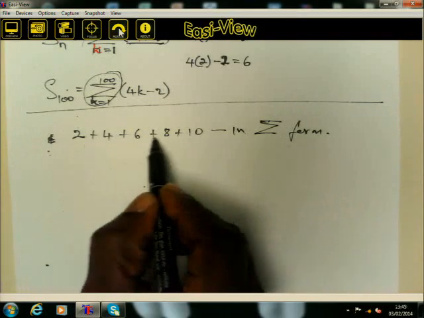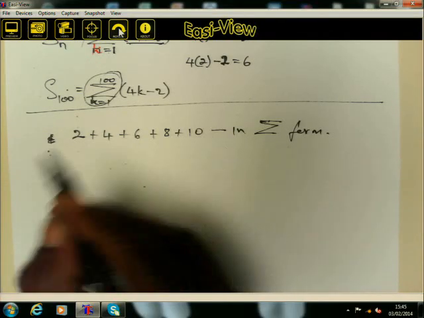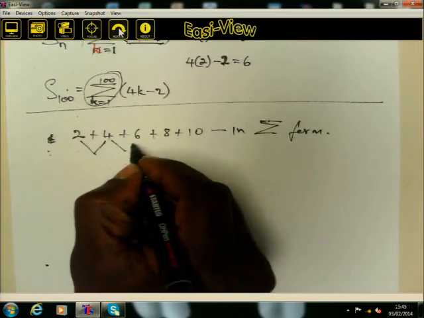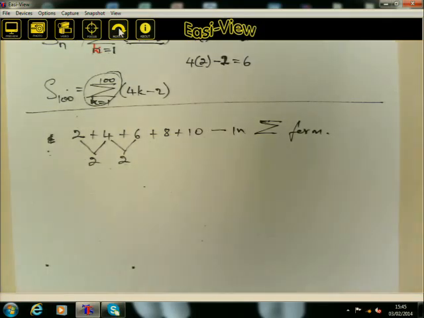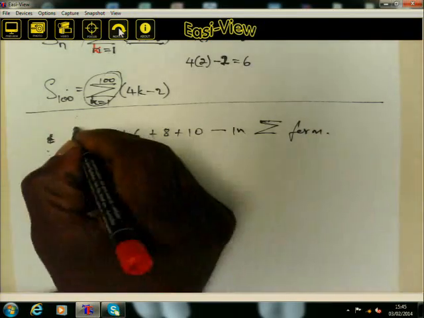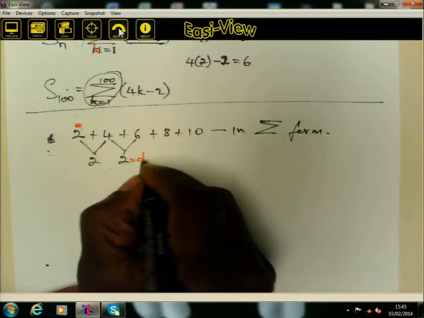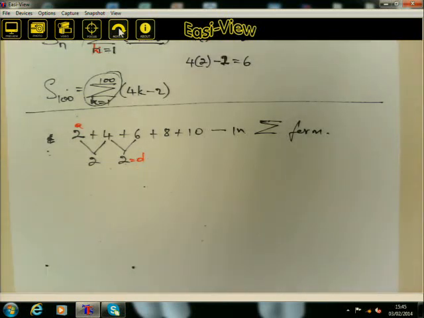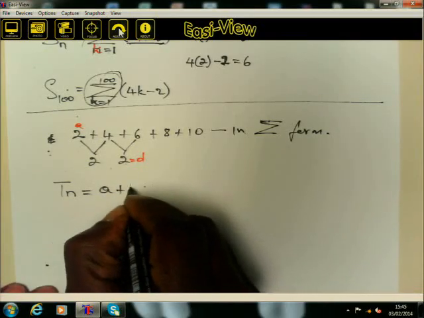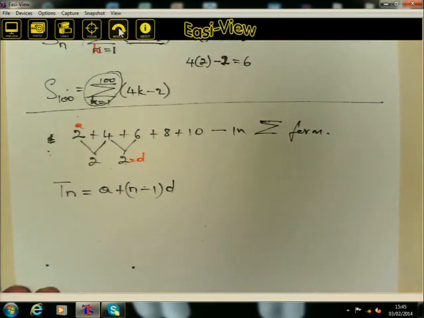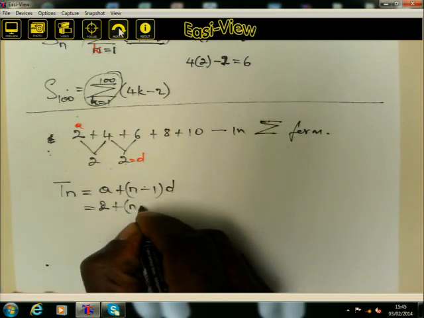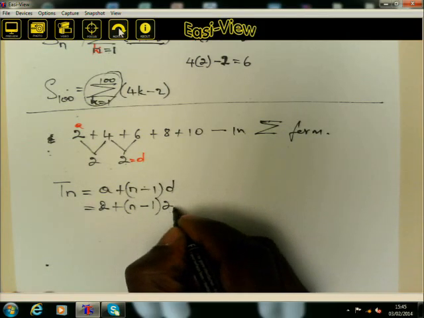We must have a general term for this series. First we must find the difference. Our difference is equal to 2, and the value of a is 2 also. So we can find the general term: Tn is given by a plus n minus 1 times d. Substitute: a is 2, add n minus 1, multiply by the difference, which is also 2.